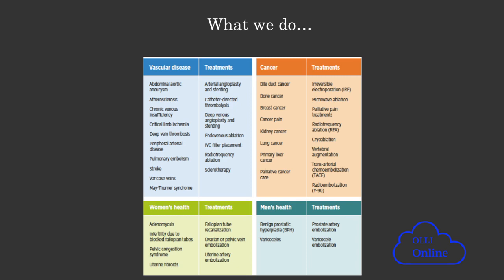We treat uterine fibroids, which can be a major cause of pain for females, and pelvic congestion syndrome. And then for men, on the opposite side of that, we can treat large prostates with basically a same day procedure, you're out the same day, by puncturing the groin or wrist and embolizing the arteries to the prostate.